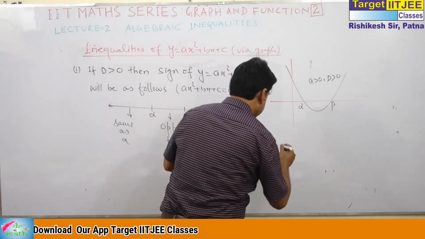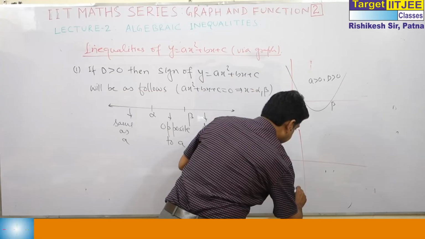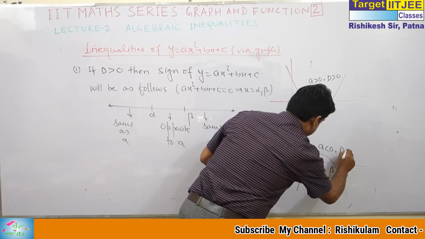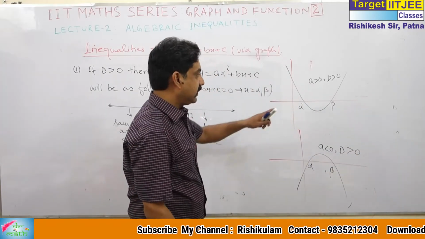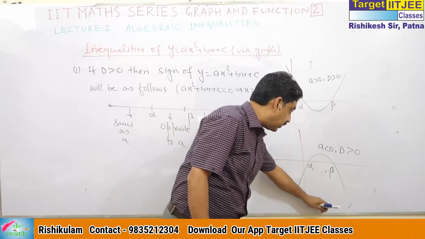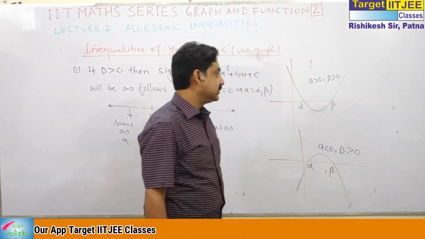And likewise, I would like to take this one. Actually, this is again alpha, beta, but A less than 0 and D is still greater than 0. A greater than 0 because of opening upward, A less than 0 opening downward. D greater than 0, alpha and beta 2 roots.